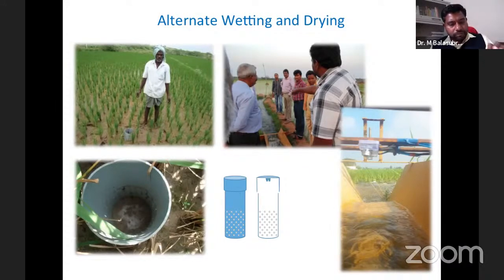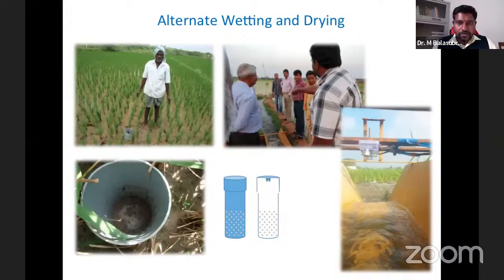It uses a plastic perforated tube. In one acre, we have to install almost 6 to 20 of these perforated tubes, and if the soil within the perforated tube is dry, then you have to irrigate. Accordingly, you are saving water.